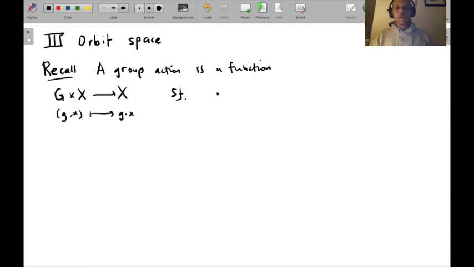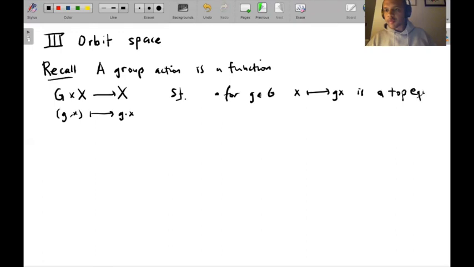First of all, for each g in G, the function x goes to gx is a topological equivalence. And well, if I take a product of two elements in G and act on X, then this is the same as acting first by h and then acting on that by g.